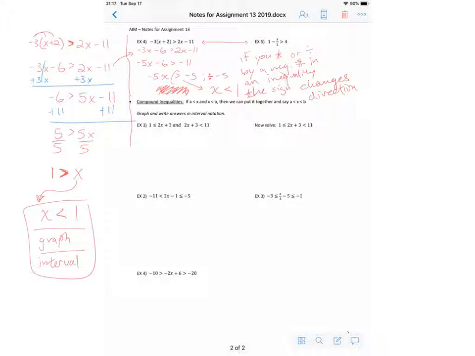This sign changes direction. And that's it. But the key word here is negative number.